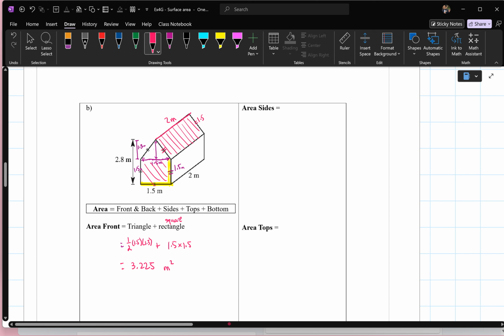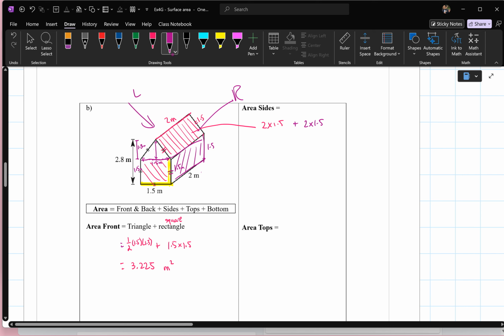So the area of the sides is made up of 2 times 1.5, that's length times width. But then you also got this rectangle down here as well. And that rectangle is also 2 times 1.5. So that's 2 times 1.5 to find the area of both of those. But remember, you've got the right-hand side, and you also got this side as well.